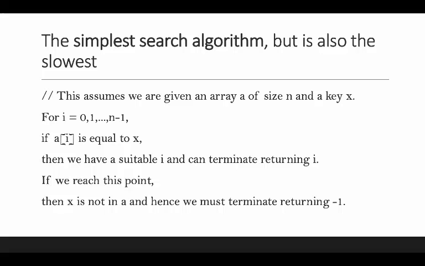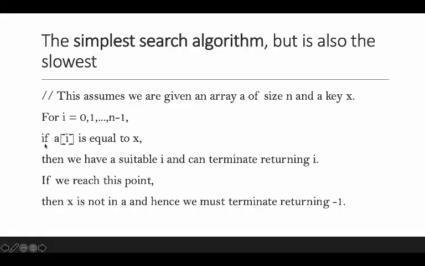We have to search for x in the array A. For that, we have to repeat the same process for all the elements of the array. We take a for loop. For the index variable i, we repeat the loop for 0, 1, 2, etc. up to n minus 1. So total n elements, 0 to n minus 1.